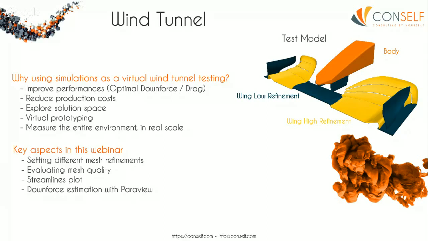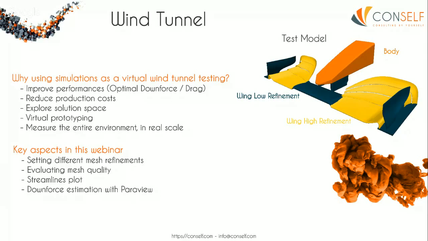Referring to the model we are going to use today, as you can see, there are 3 different color zones. These are the boundaries that we will define in the platform to prescribe a different mesh refinement on each of them. There is the body, there is a part called wing high refinement, and another one called wing low refinement.